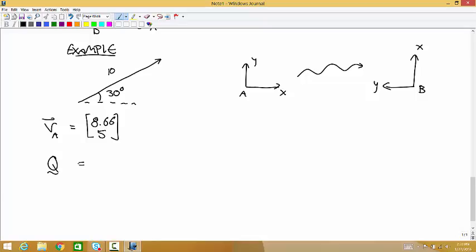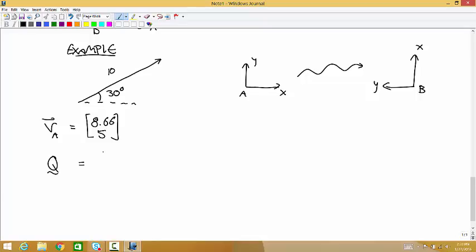For the rotation matrix, we want to express the coordinate axes of A in B. So to an observer in B, what are the components of the axes of A? What would be the components of the x-axis of A?